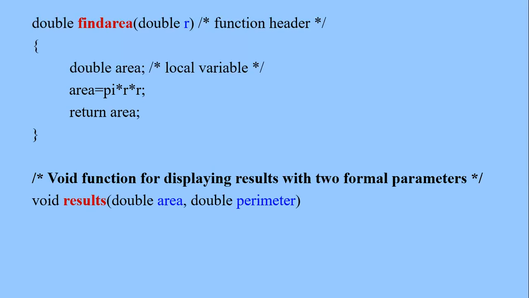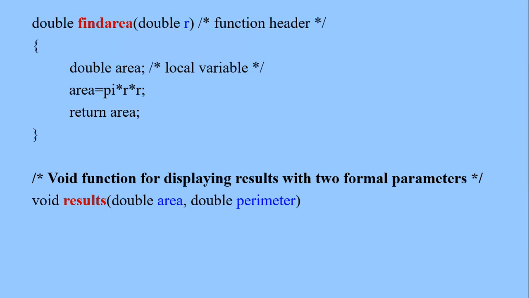It is receiving two parameters. One, it will receive area, and it will also receive perimeter. So whatever was returned by the function called find area as area will be received by this function here.